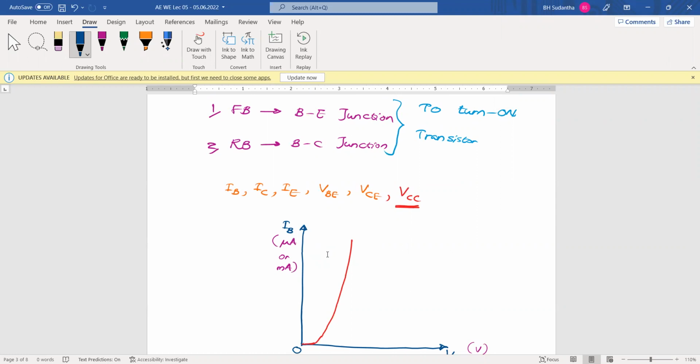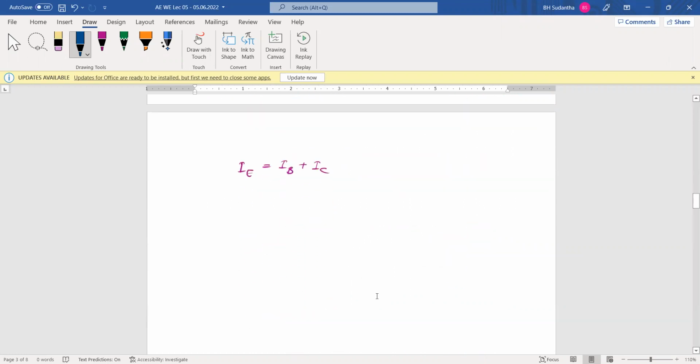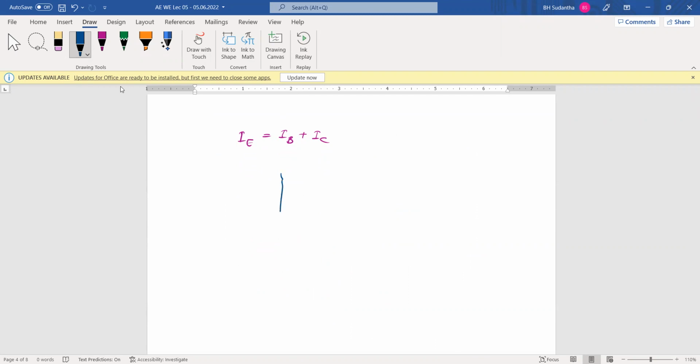Okay. Then what about the relationship between this? If you draw this one, this IB and IC.